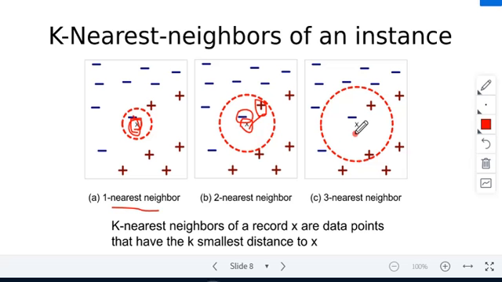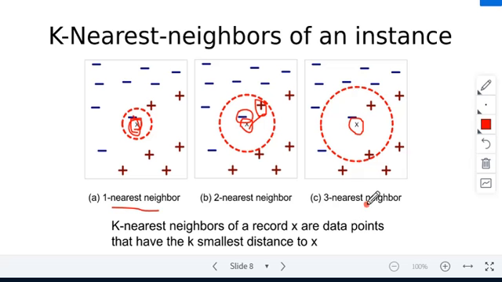Next, we'll take the three nearest neighbors. That means we keep on increasing the neighbors. We are taking more training instances and finding the closeness. We have taken the test data, and we are calculating the distance to the nearest three neighbors.